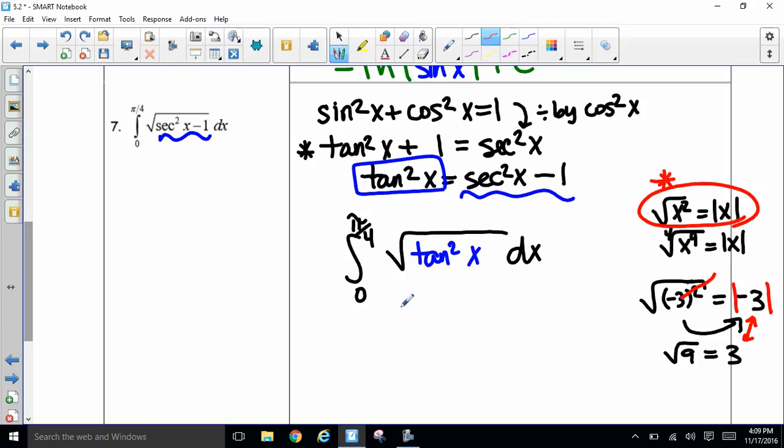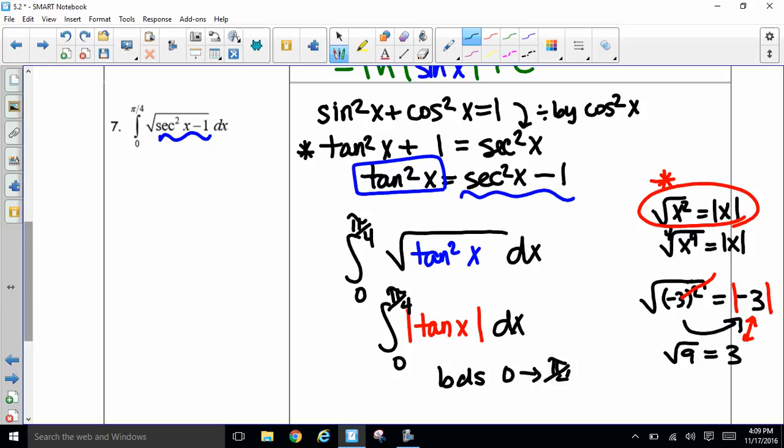So this turns into the absolute value of tangent of x. And we've reviewed how you integrate the absolute value of something. So now I need to think through where I'm at to know if tangent of x is positive or negative. With my bounds going from 0 to pi over 4, that's in quadrant 1.